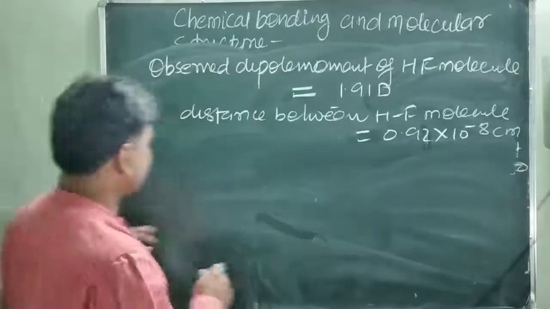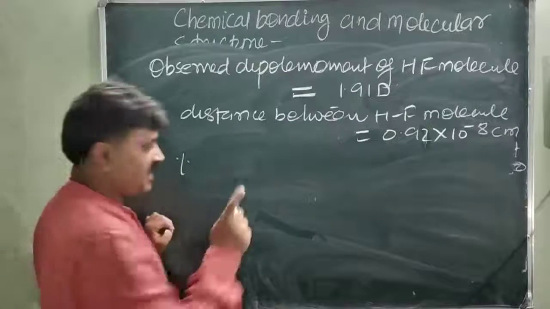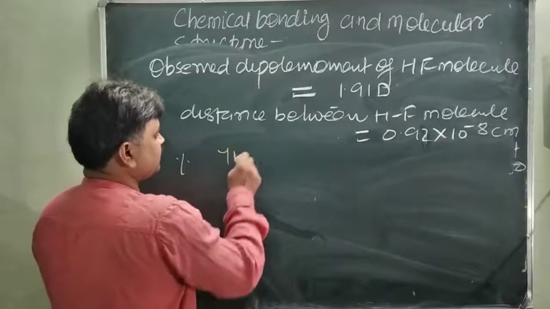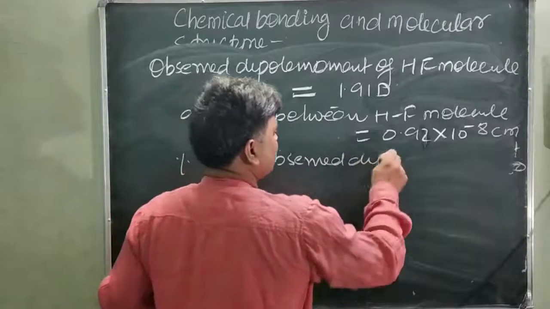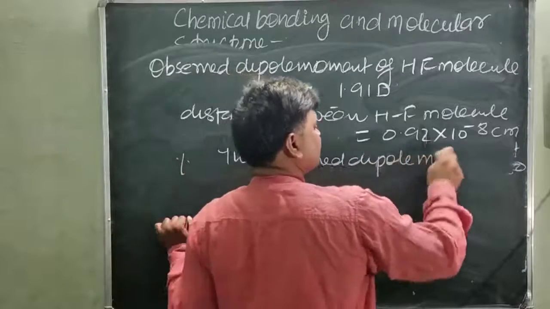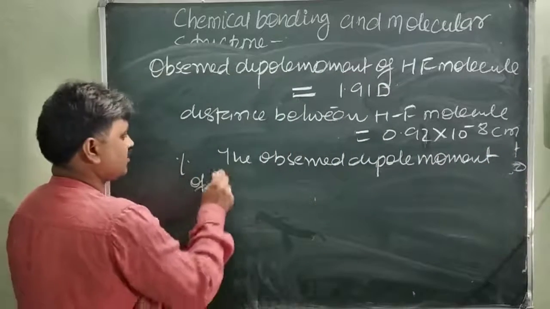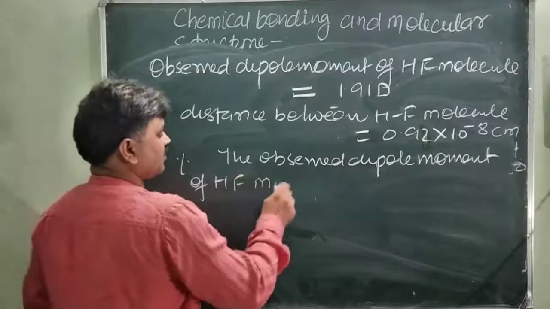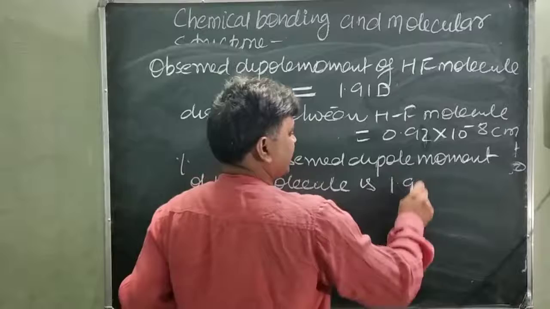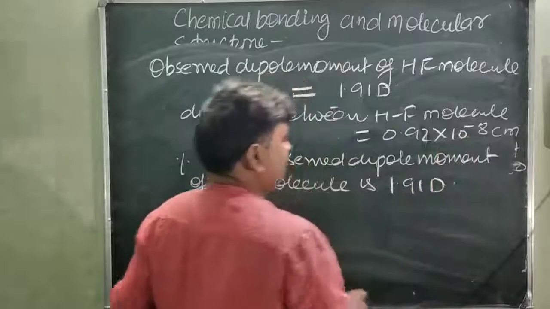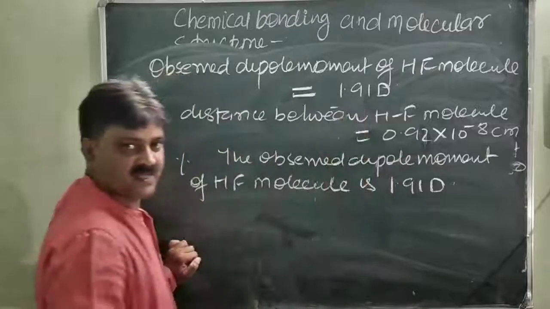So here we know the percentage ionic character; the question is clear. I am writing here the observed dipole moment. This is the question: the dipole moment of the HF molecule is 1.91 D, and the distance between H and F is given.